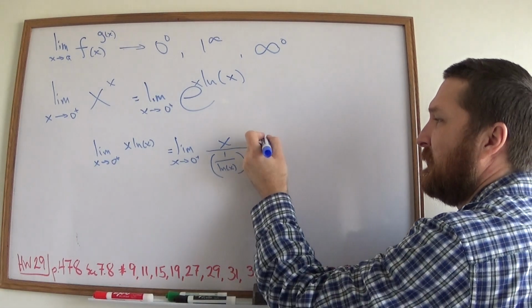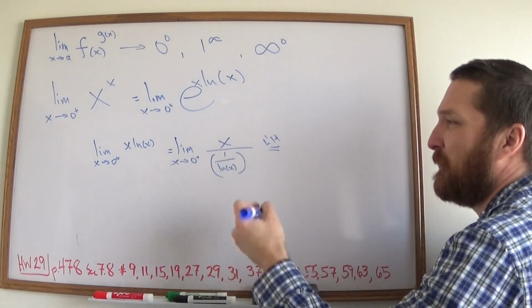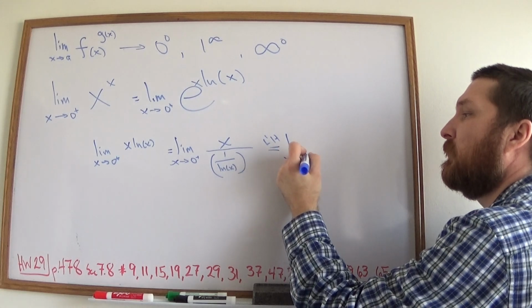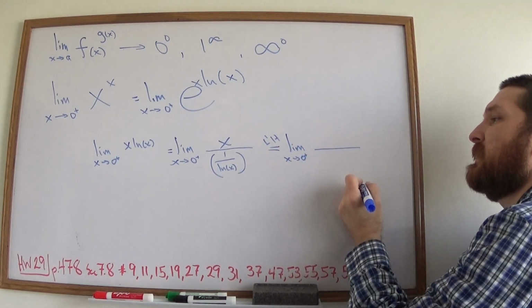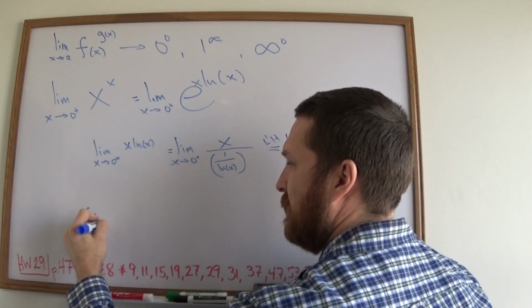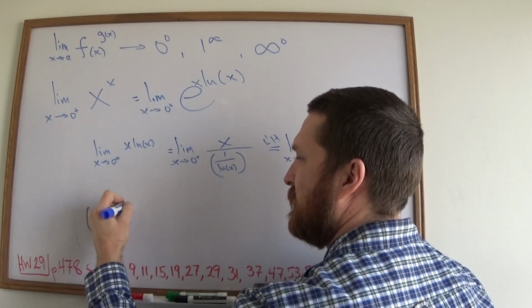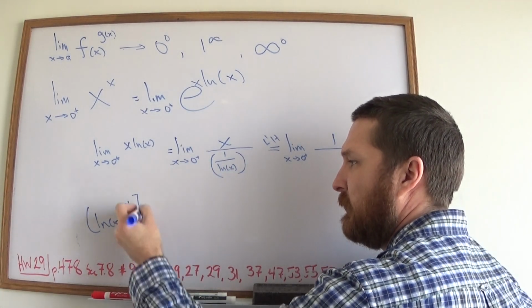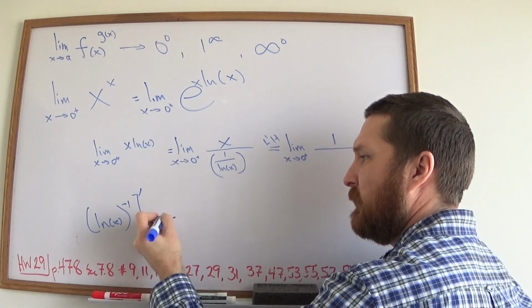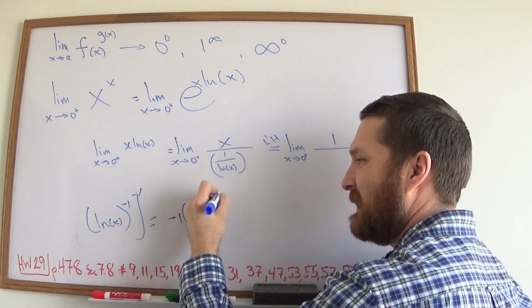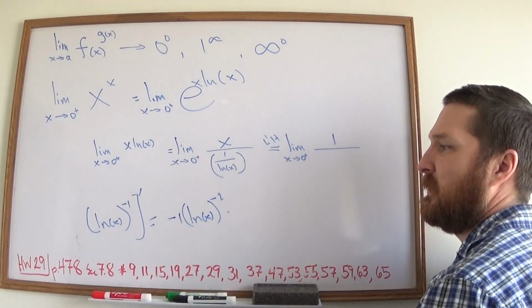L'Hopital's rule. So this is why you don't want to take the harder one into the denominator, but we will. x goes to 0 from the top. What's the derivative of the top? 1. Now the bottom is natural log of x to the -1. Take the derivative: -1 times natural log of x to the -2 times 1 over x.